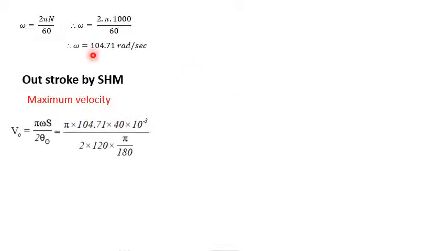Omega we got 104.71, whereas the stroke is 40 mm, therefore 40 into 10 to the power of minus 3. And theta o, the outstroke angle, is 120 degrees; we have to convert it into radians, therefore multiply by pi by 180. After simplification, we got the maximum velocity during outstroke as 3.14 meters per second.